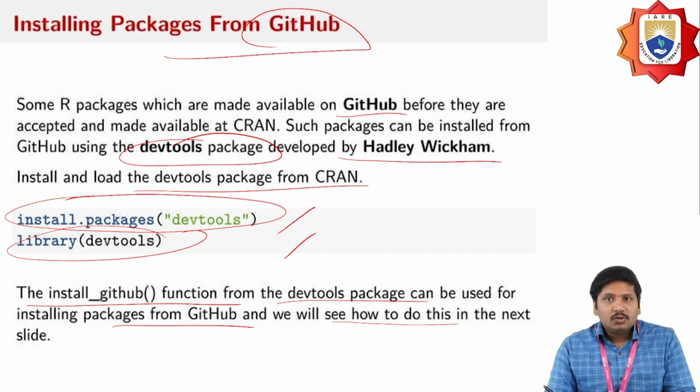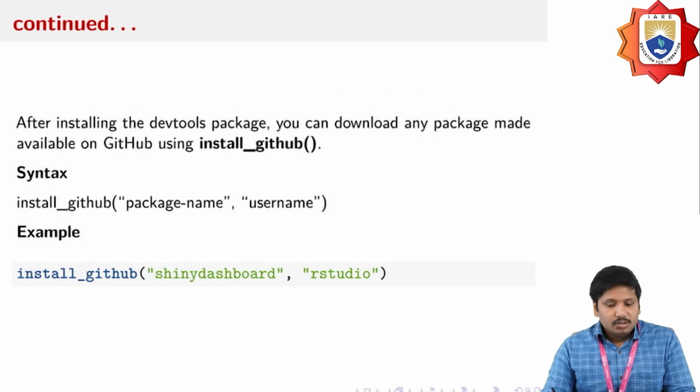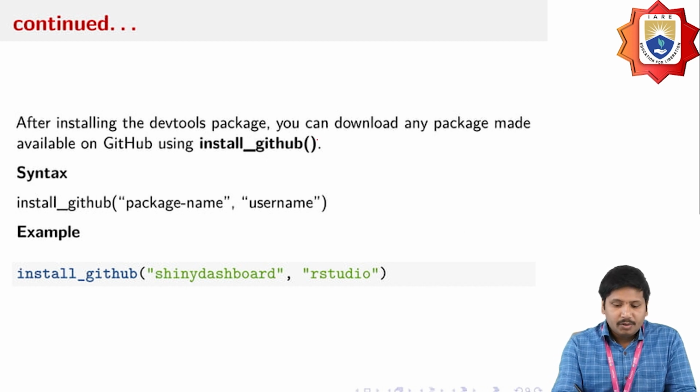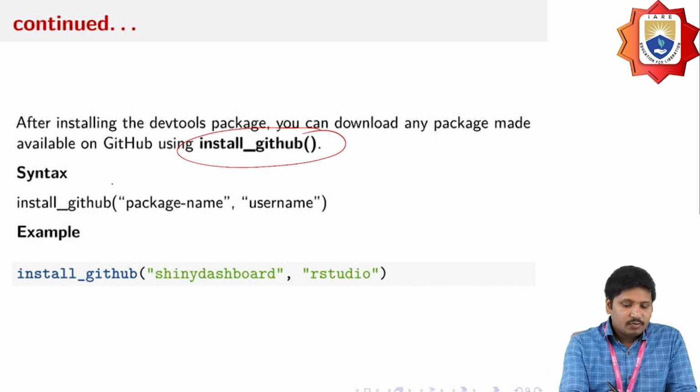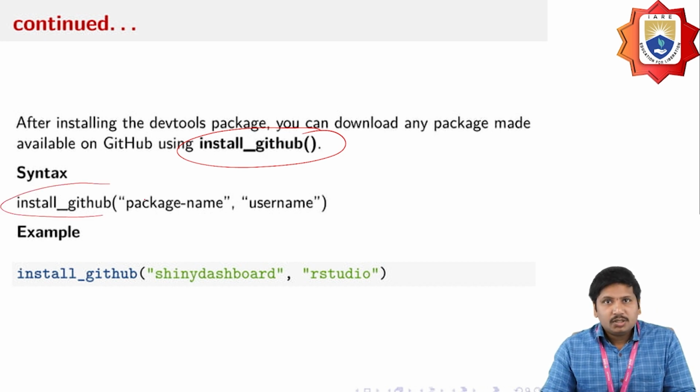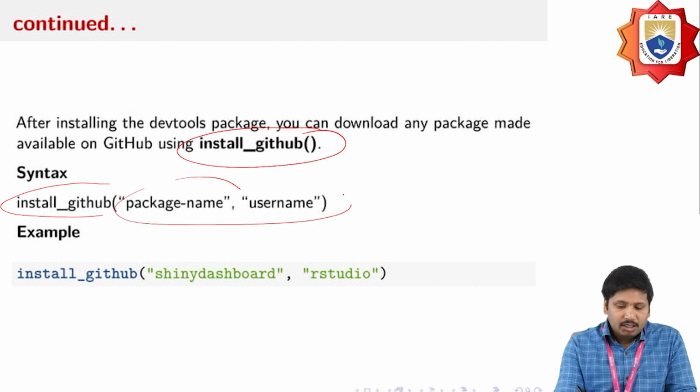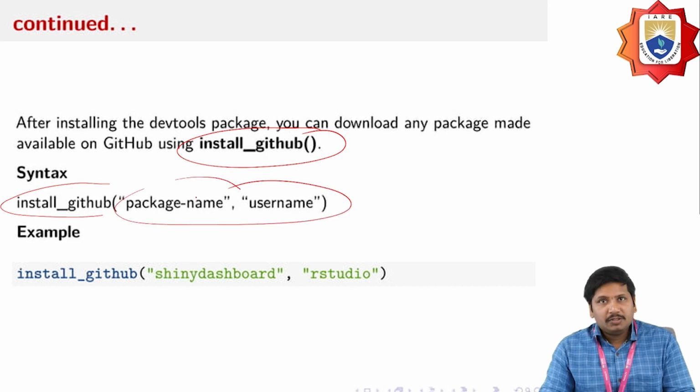And the install_github function is used from devtools in order to install from GitHub. Once you install the devtools package, you can download the package from GitHub by making use of the install_github function. The syntax is install_github, and then the package name and the username have to be specified.